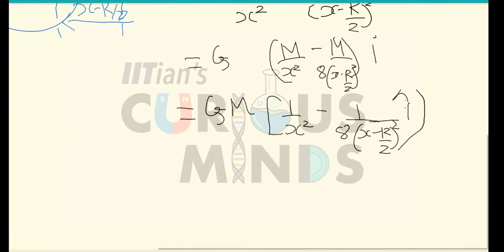Let me take 8 common from the denominator. It will be equal to G by 8.